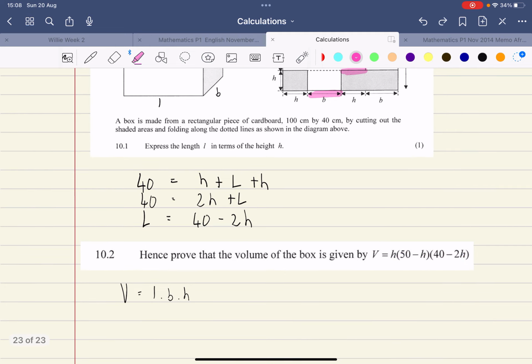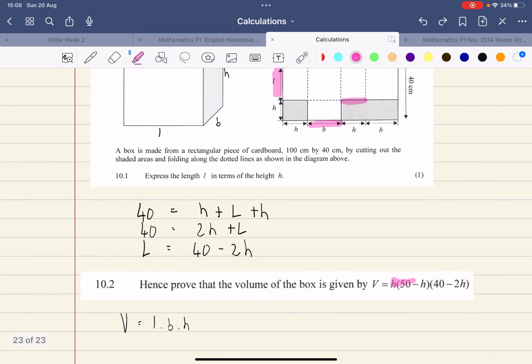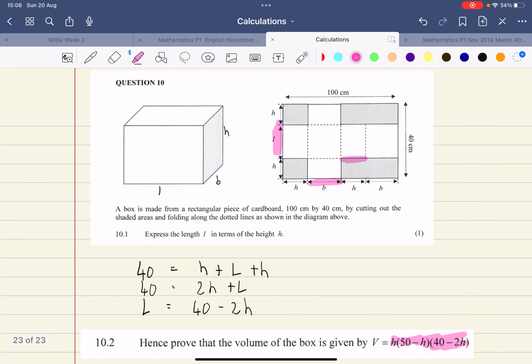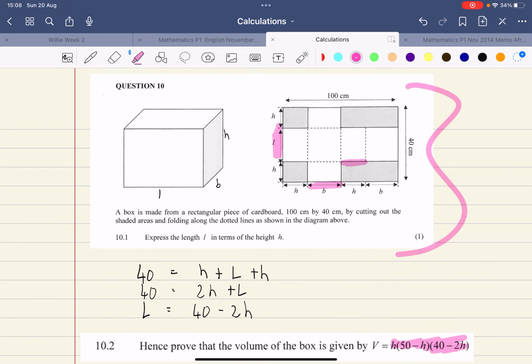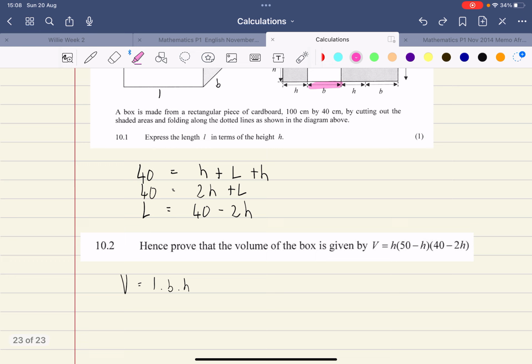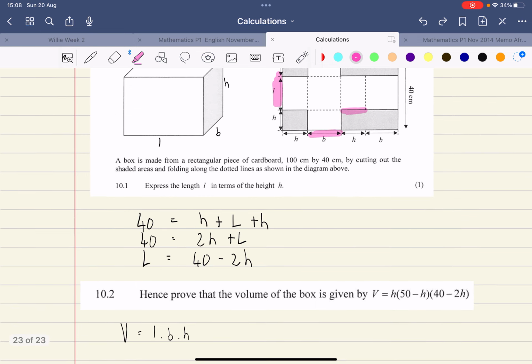It doesn't matter. All we'd have to plug in here would always just be an H for this given box, and we could always find its volume. So that's the power of finding expressions for anything, and in this case, a volume of a box.